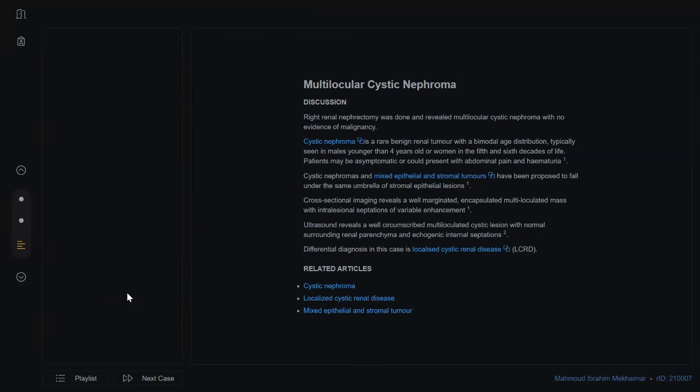Number two, the multilocular cystic nephroma, or even cystic nephroma, which falls in the higher grades of Bosniak, starting from Bosniak 3 and then Bosniak 4. Take care, my colleagues, even during our practice.